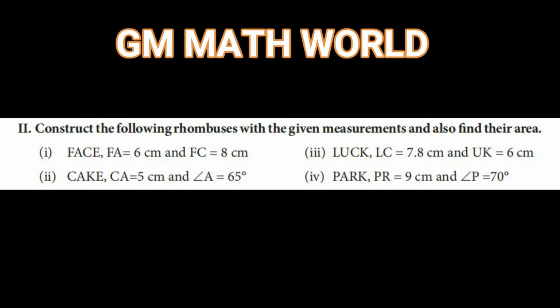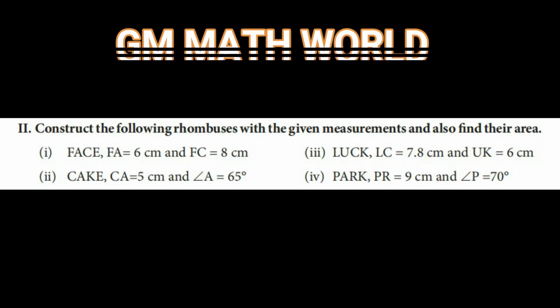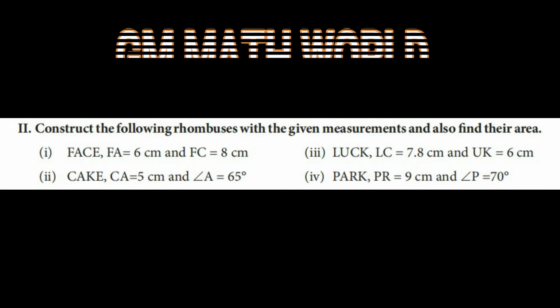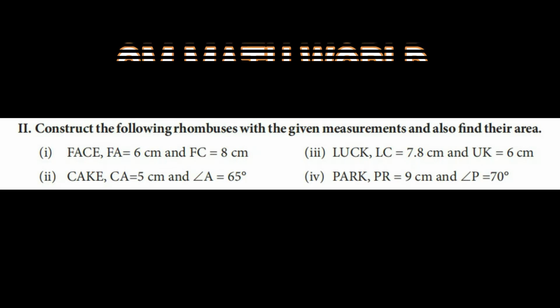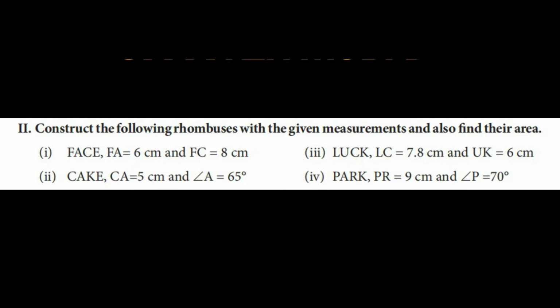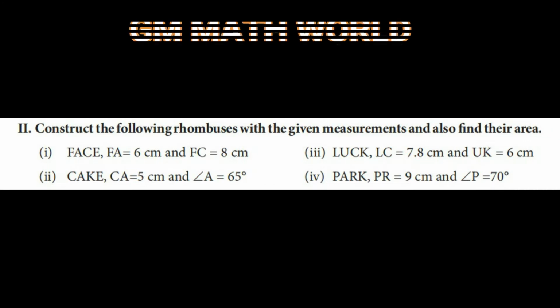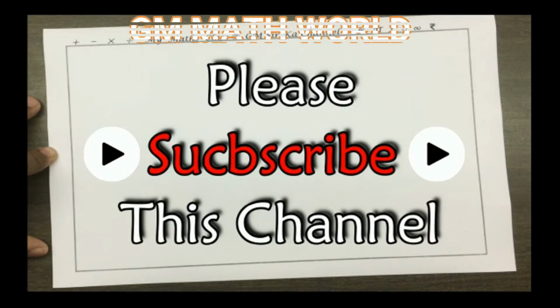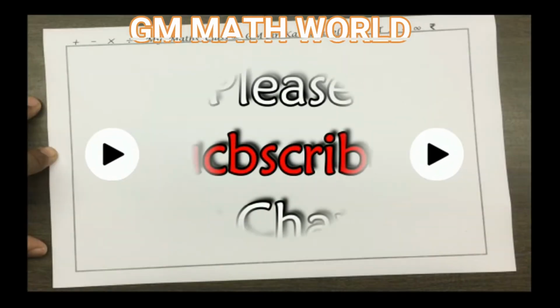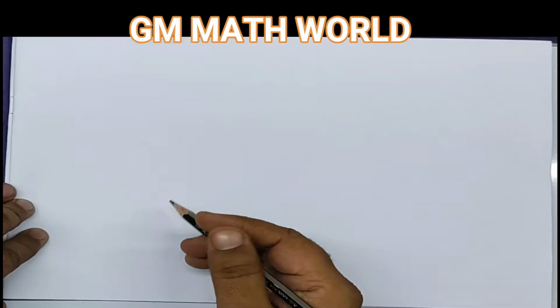Construct the following rhombus with the given measurements and also find their area. First problem is FACE: FA is 6 cm and FC is 8 cm, we have to draw the construction of rhombus.